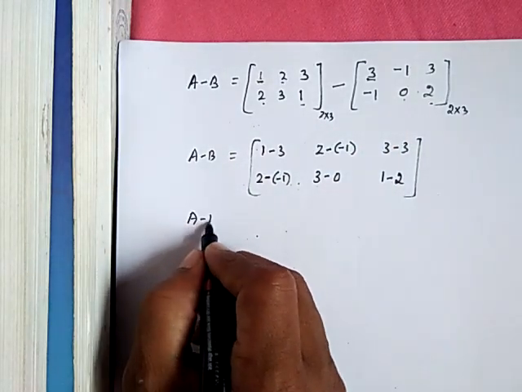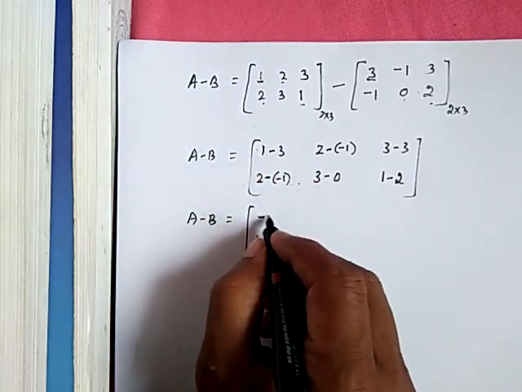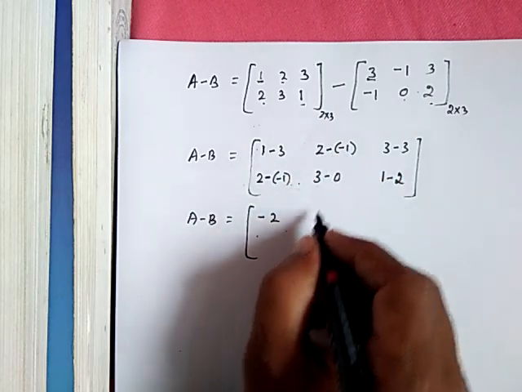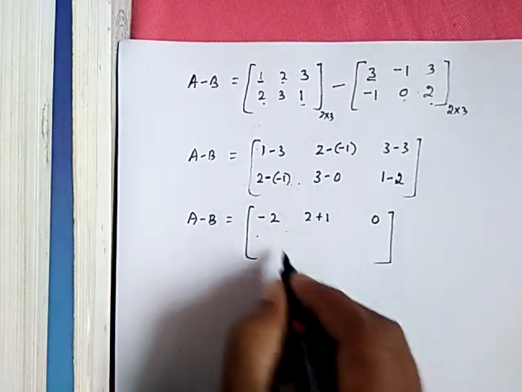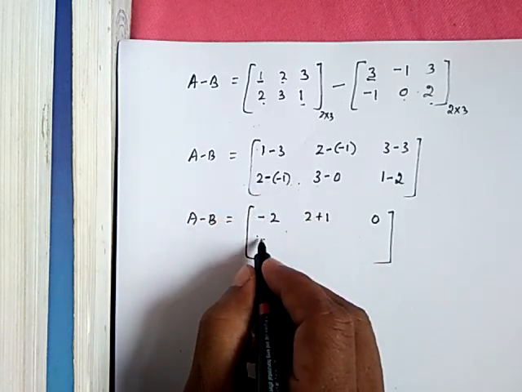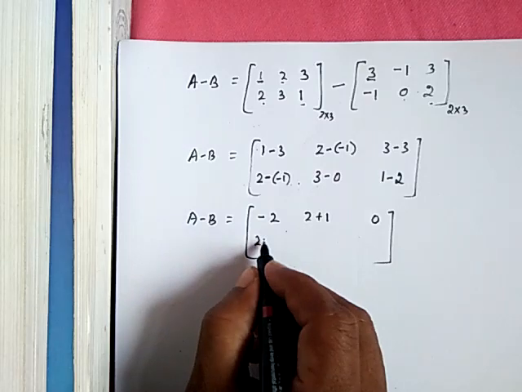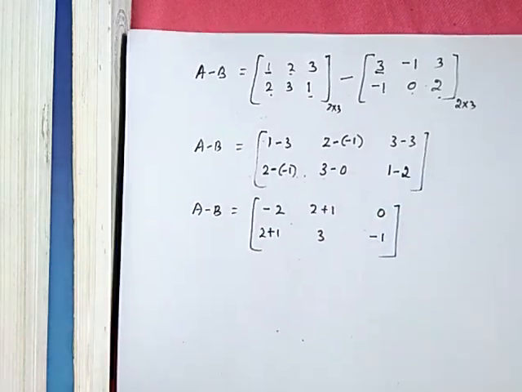Now A minus B is: 1 minus 3 is minus 2, 2 minus of minus 1 is 2 plus 1, 3 minus 3 is 0. Next 2 plus 1, because minus of minus is plus, 3 minus 0 is 3 only, and 1 minus 2 is minus 1.